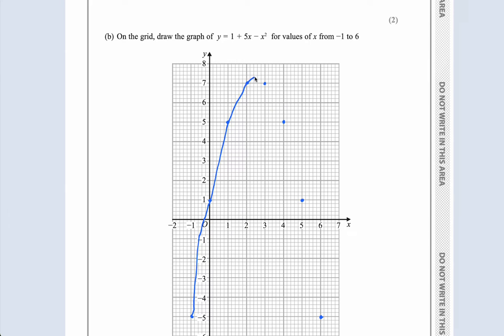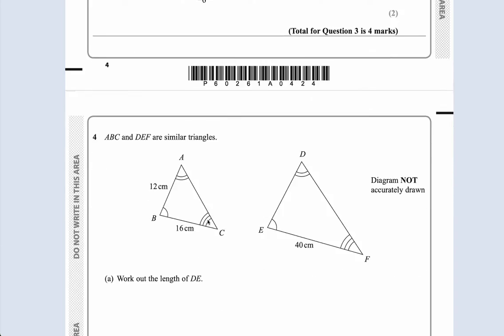Above this, like that, then through all the points. Okay, that will have to do. But again, guys, you can draw it better than me. This looks a bit funny here over the side, so maybe I would lose a mark. So just be careful. Okay, question 4.